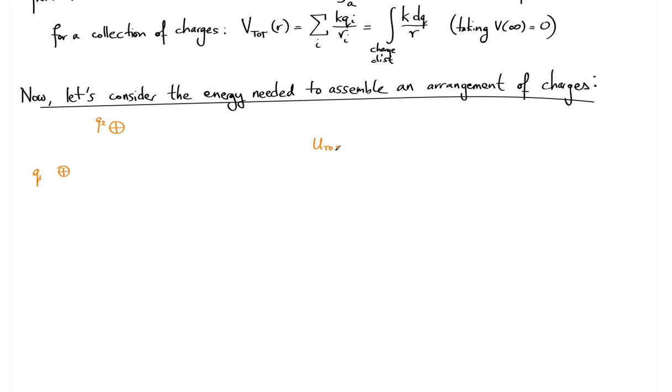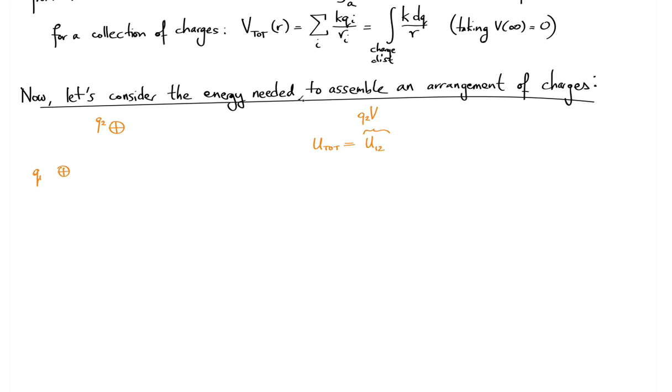So let's write the total energy needed to assemble this configuration, U total. There's no cost to bring the first charge in. To bring the second charge in, there's some energy cost, which I'll call U12, which is going to be Q2 times the voltage that Q1 creates at this position where Q2 is sitting.